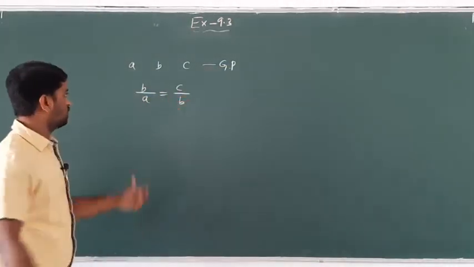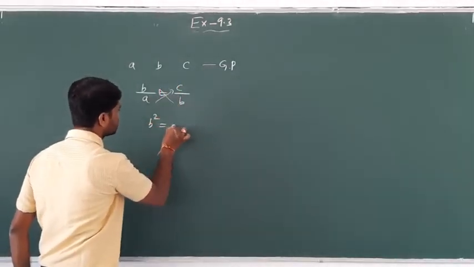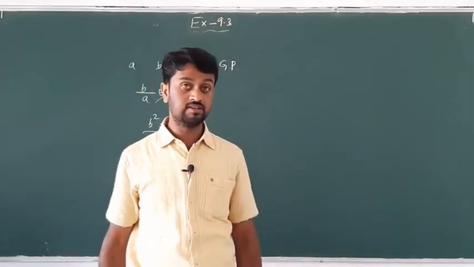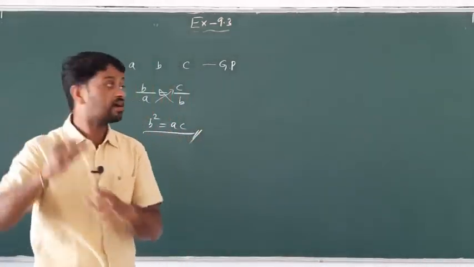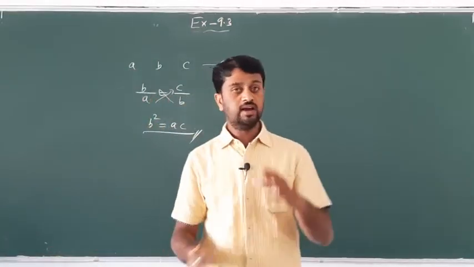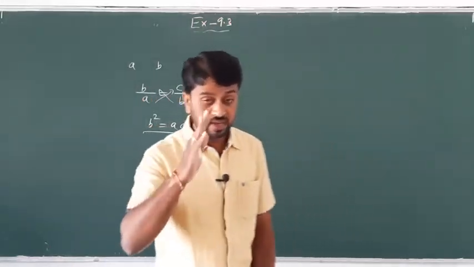Now cross multiply, therefore b square is equal to ac. If a, b, c are in GP, then b square is equal to ac, and b is called the geometric mean of a and c.